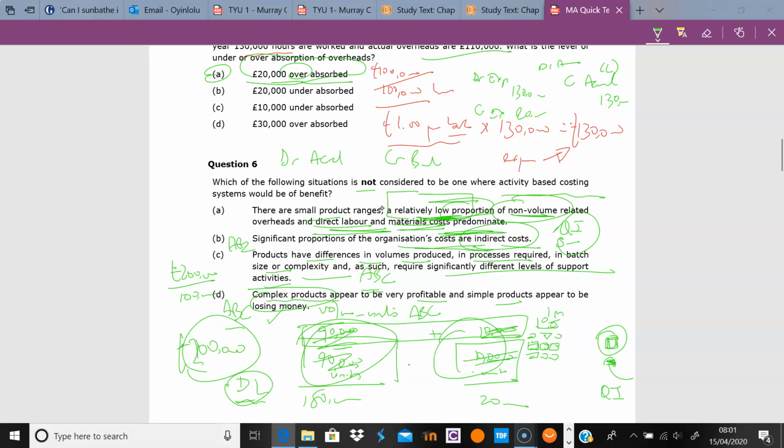There's no need for it. So the key point here is that where there's a lot of overhead that has nothing to do with volume, then I need ABC. Where it's more to do with materials and labor, where it's volume driven, then it's okay to use traditional absorption costing. Cool, great stuff. So the answer here is A.